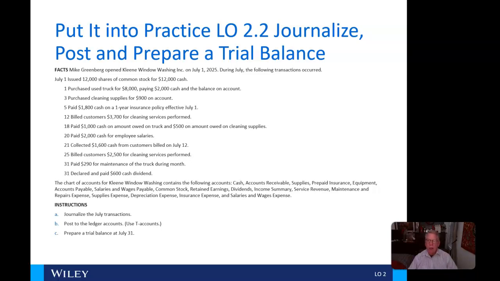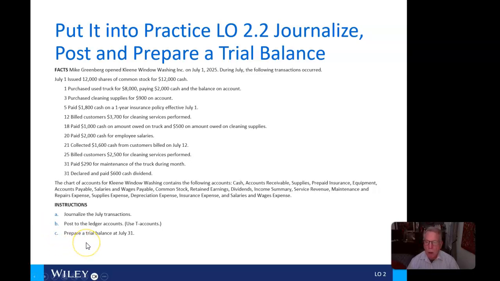And I won't go through each one of these in the form of debits and credits, but here are all our transactions during the month. So they want you to journalize these transactions here, then post them to the ledger, and then prepare a trial balance. So I won't go through the debits and credits.